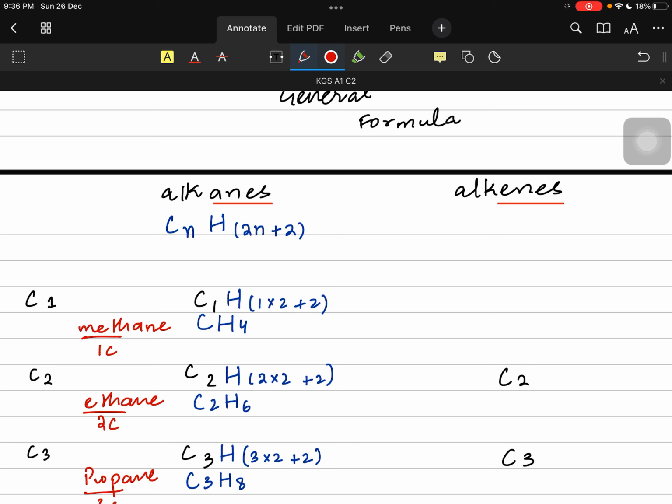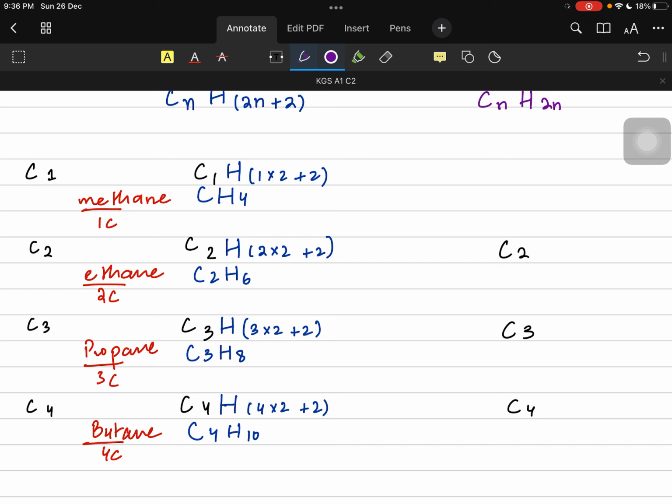The general formula of alkene is much simpler. Alkenes have a very simple general formula, which is CnH2n. Whatever the number of carbon, you just double the number and you get hydrogen. So if it's a 2 carbon alkene, just double it and you get the number of hydrogen, which is C2H4.